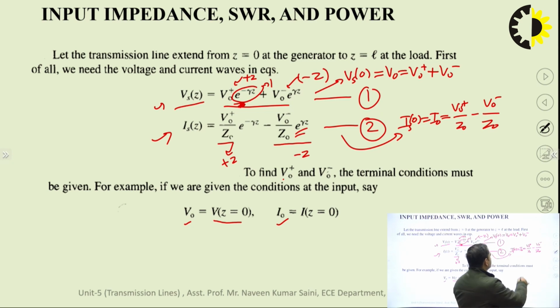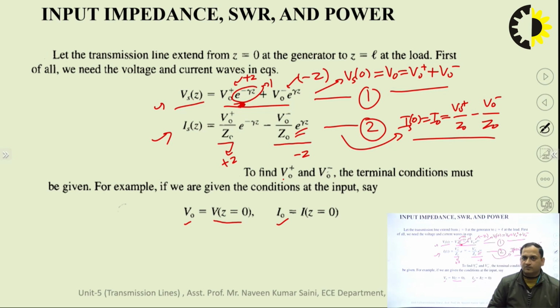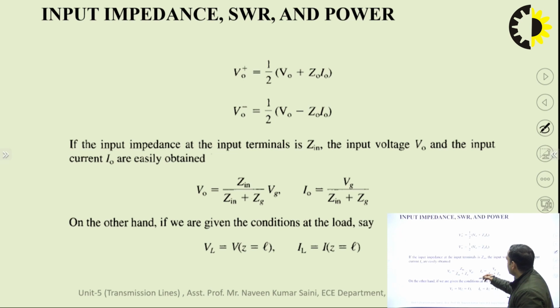So now V naught is equal to this much and I naught is equal to this one. When we solve these two equations to find V naught plus and V naught minus, we get V naught plus is equal to half of (V naught plus Z naught I naught), and V naught minus is equal to 1 by 2 (V naught minus Z naught I naught).